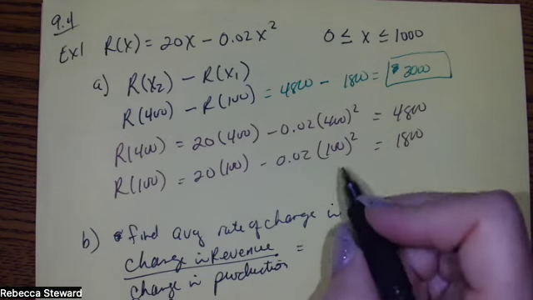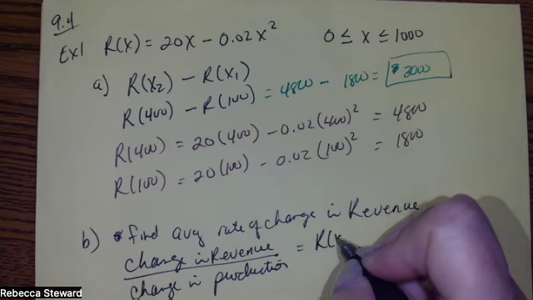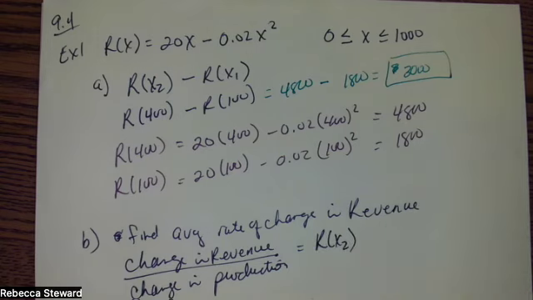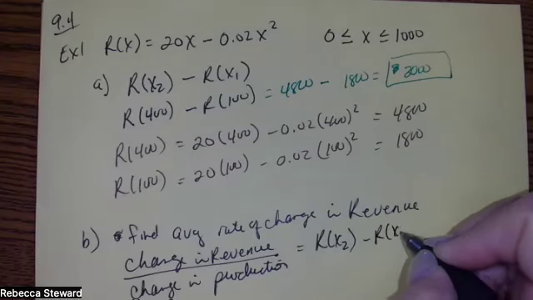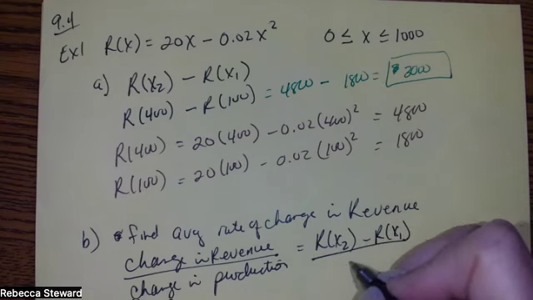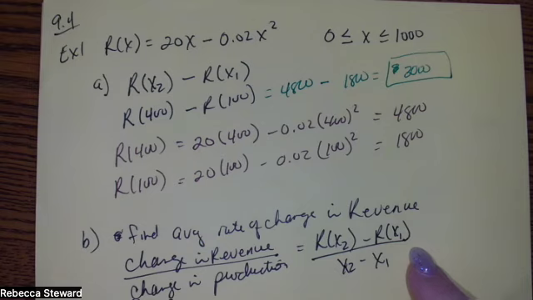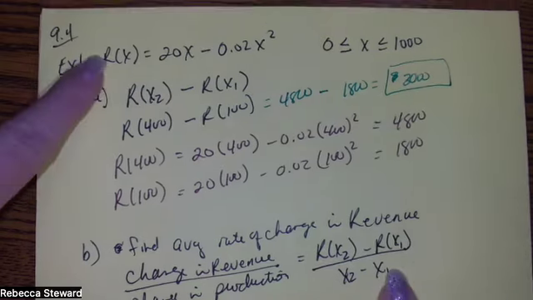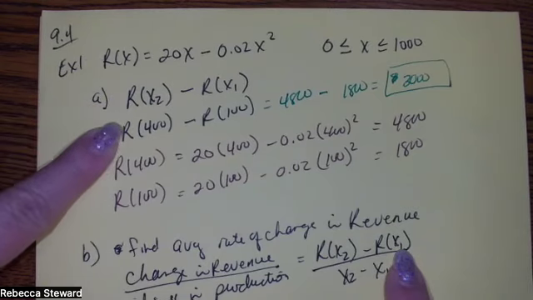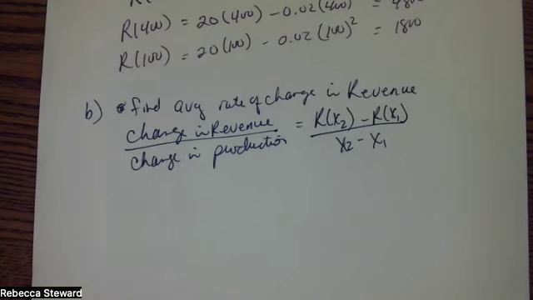Something we talked about at the very beginning: instead of f of x, because we're using revenue, it's r of x sub 2 minus r at x sub 1 over x sub 2 minus x sub 1. Well, this is just like our slope formula, right? And this is coming from part A. So we've already found this part right here.